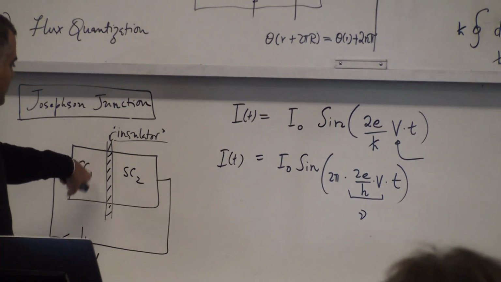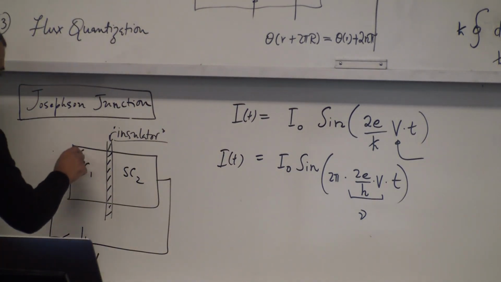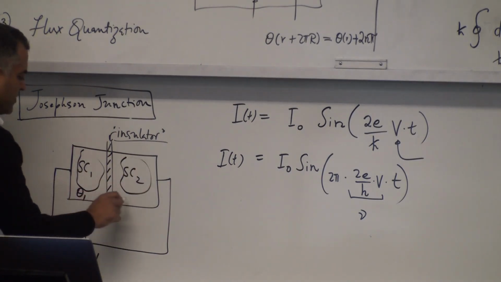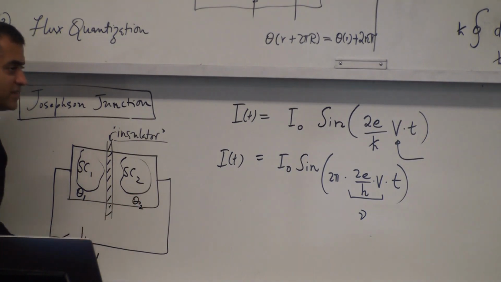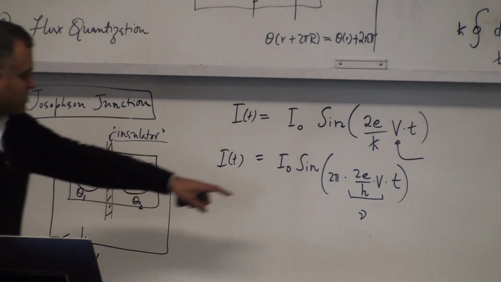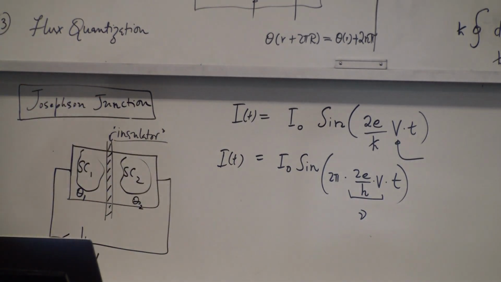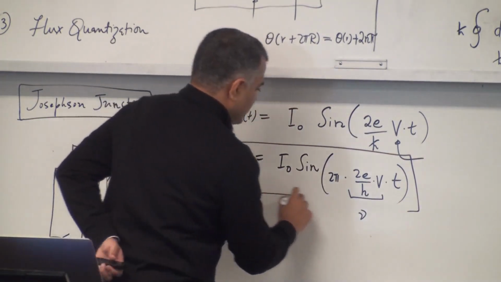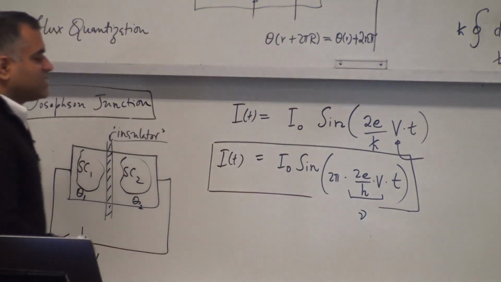Here it is really because the object here has one wave function and there is another wave function, but the phases are out of phase, and we'll see that this plays a very critical role in determining these oscillations. But the most amazing fact is that this frequency of oscillation is extremely precise.